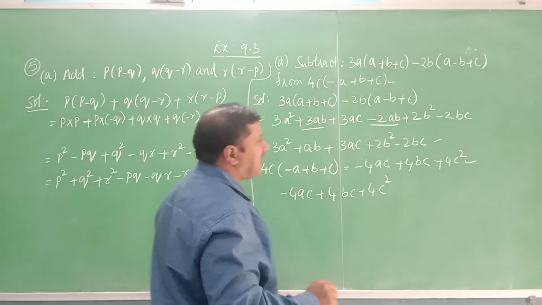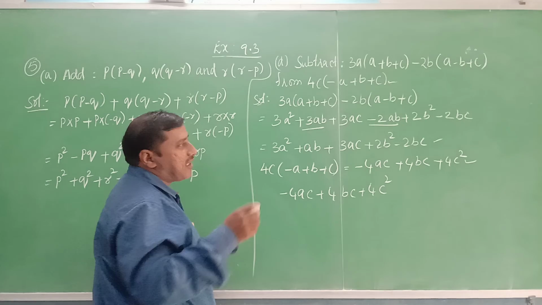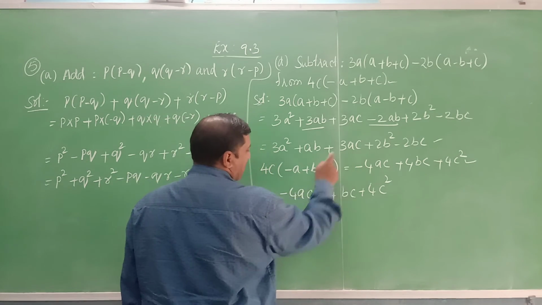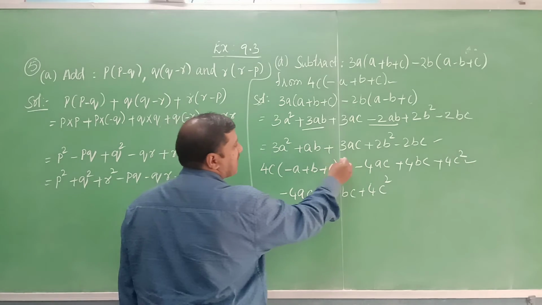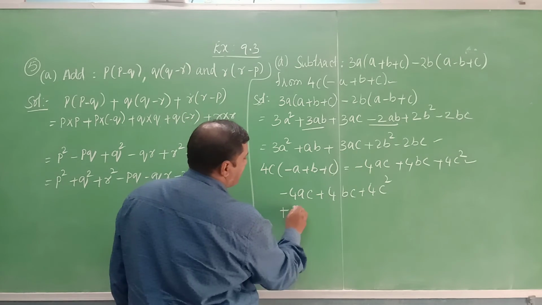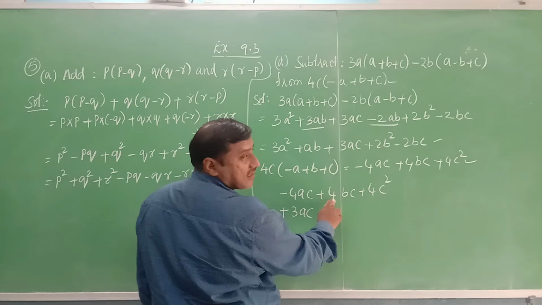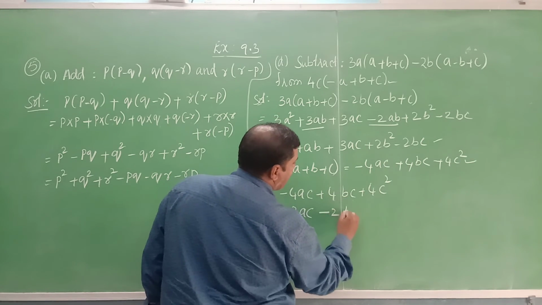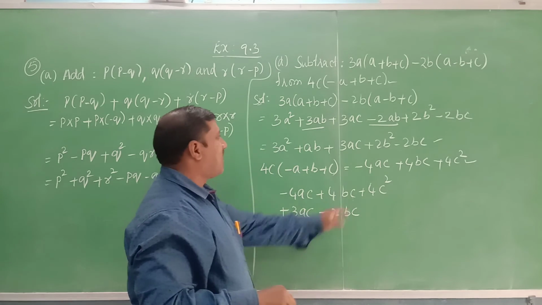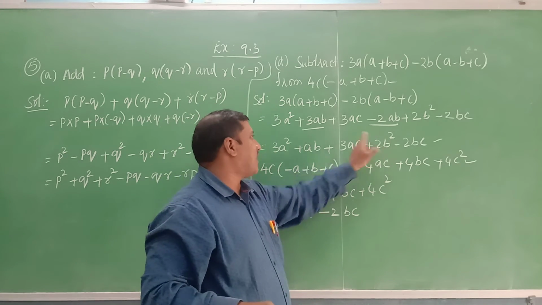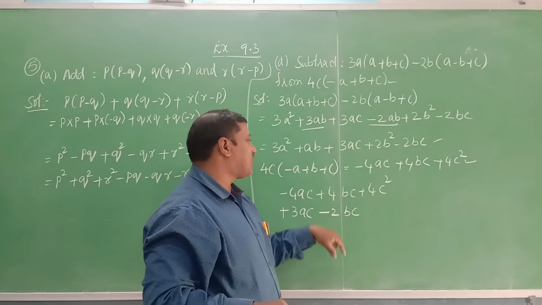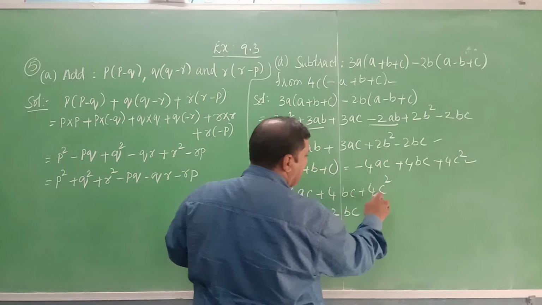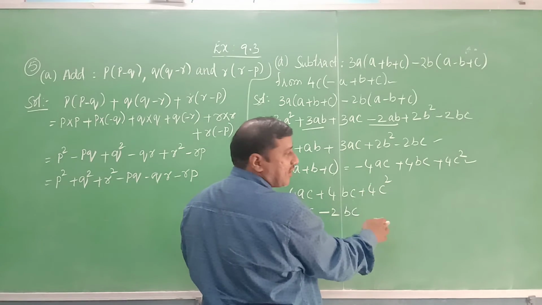In the vertical method, we write the like terms below each other. Plus 3ac is there, and here minus 4ac, both are like terms, so write plus 3ac below it. Next, plus 4bc, and here we have minus 2bc, so write it below. For 2b square, ab and 3a square there is no like term, and for 4c square there is none either, so leave that space.